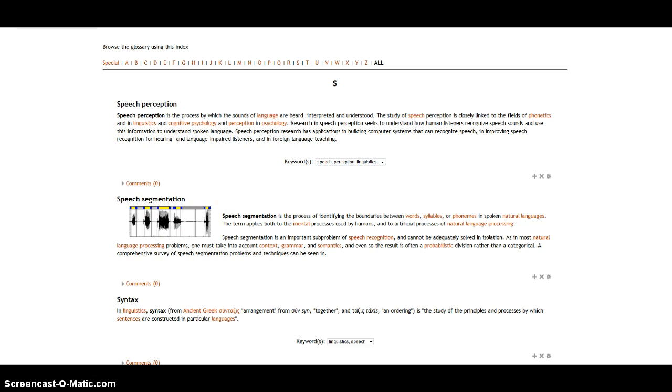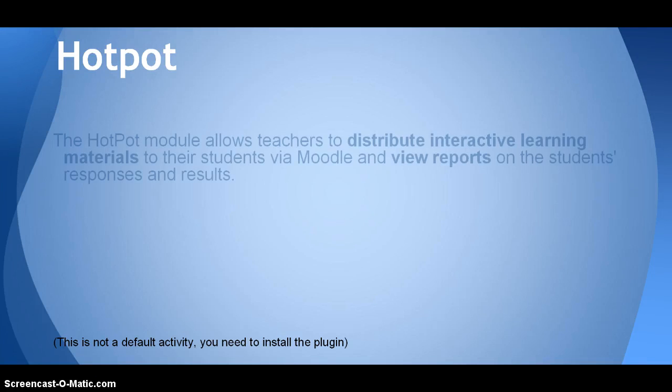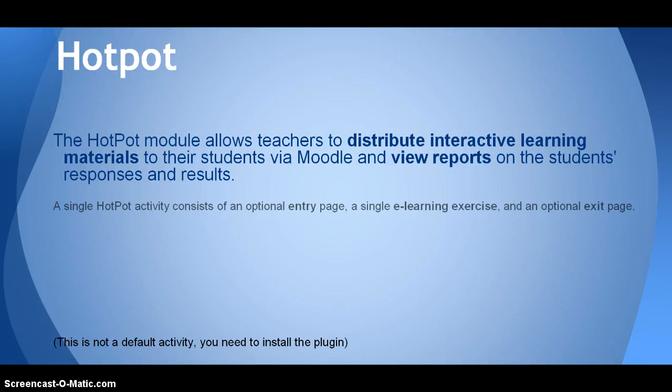We then have the hotpot activity. Teachers can distribute interactive learning materials and view reports. A single hotpot activity consists of an optional entry page, then an e-learning exercise and an optional exit page.